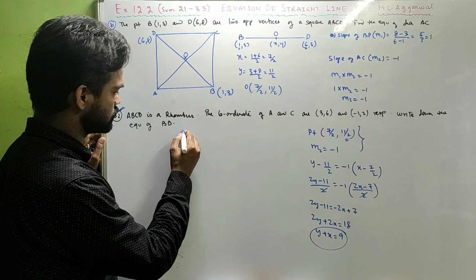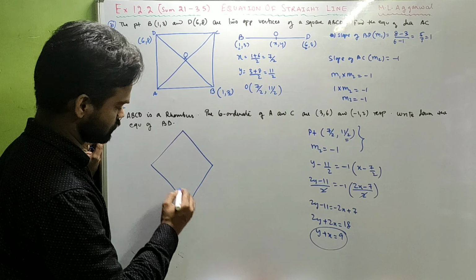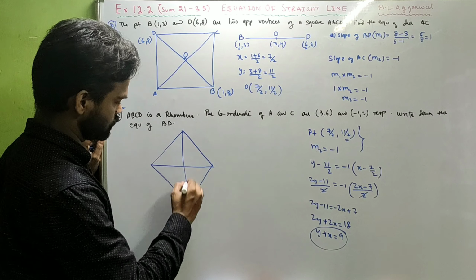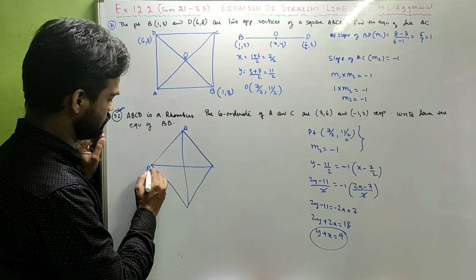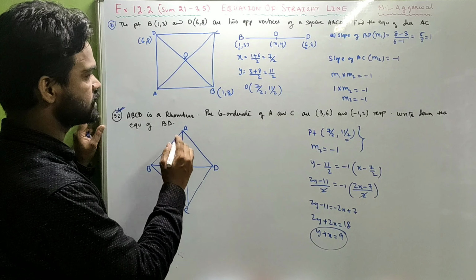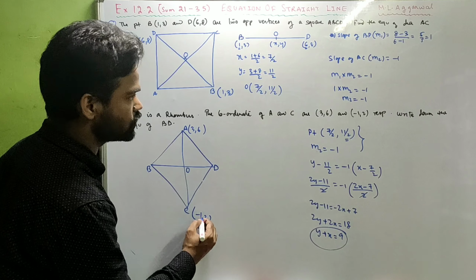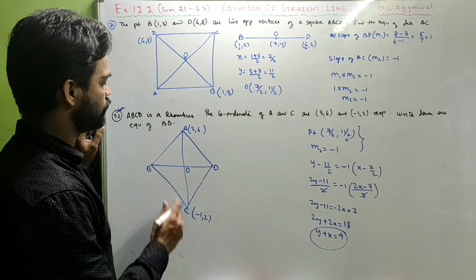Now look at 32. ABCD is a rhombus. The coordinates of A and C are (3, 6) and (minus 1, 2). Write down the equation of BD.